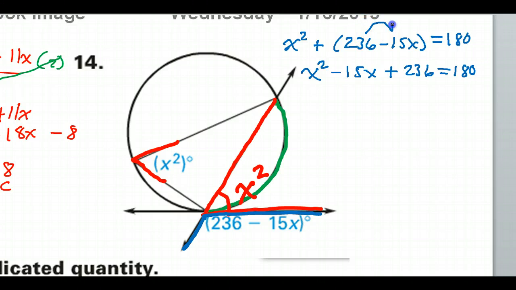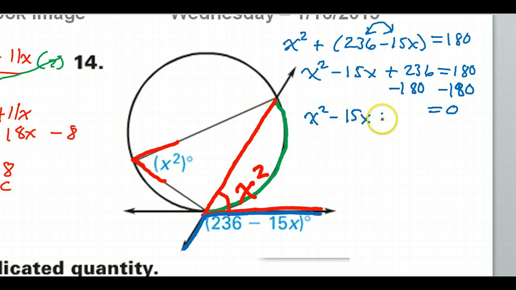All I did was reverse these two to put it in standard form. Then I am going to subtract 180 from both sides. All right, this is going to be another quadratic formula problem. So if I do that, this is going to give me x squared minus 15x plus 56 is equal to 0.